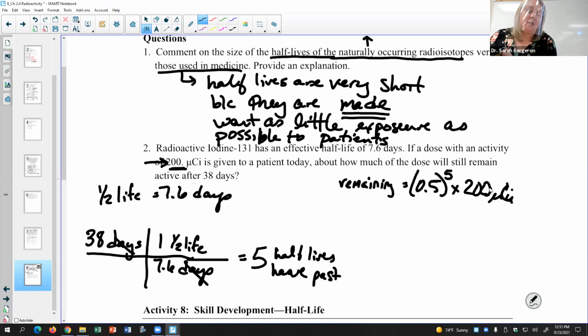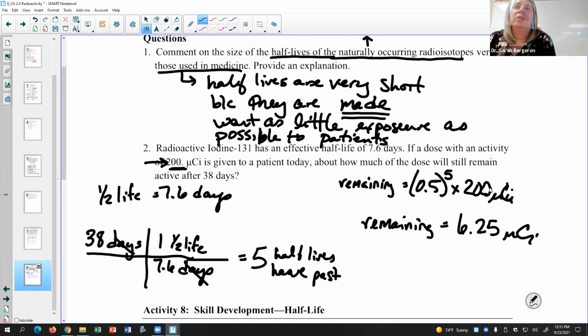CI, not CU. So what's remaining? I got 6.25 microcuries. Yes? Good. I always like y'all to double check my math.